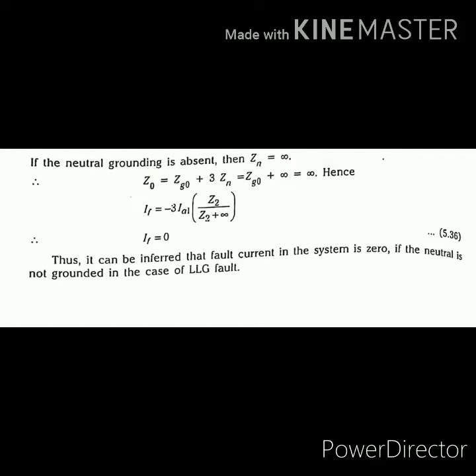When it is not grounded, Zn becomes infinity, so the overall Z0 becomes infinity. Now if you substitute Z0 as infinity, you get IF is equal to 0. So what we can say from this is, if the neutral is not grounded in a double line to ground fault, the fault current in the system becomes 0.